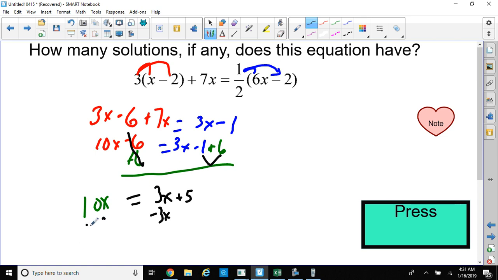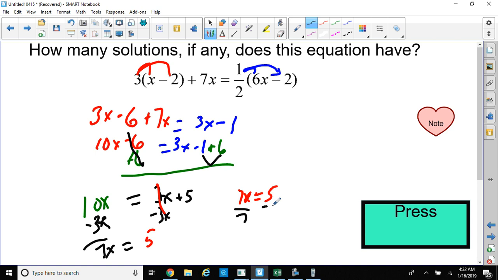And that'll give us 7x equals, let's cancel out the 3x on this side, equals 5. So we got 7x equals 5. Now let's solve this for x.